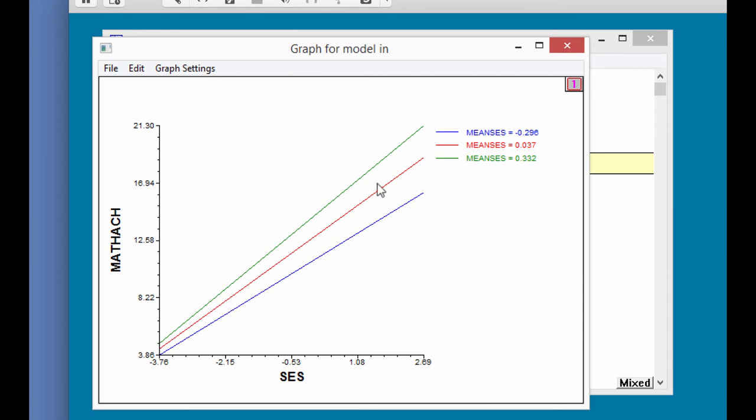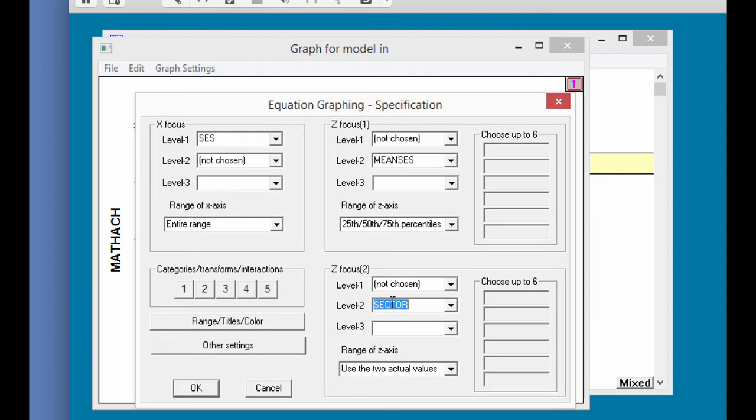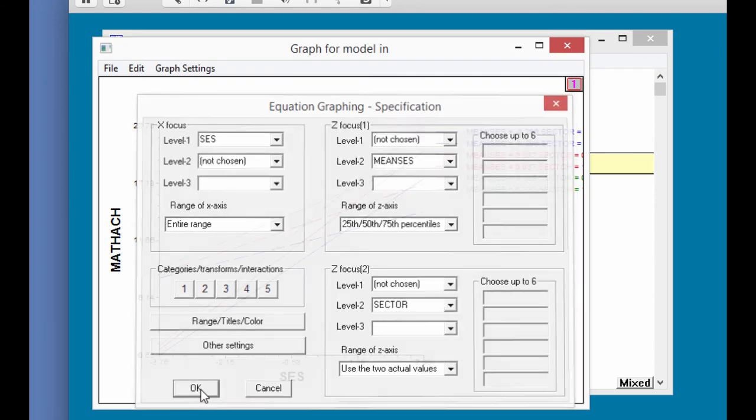Now we can do one other thing, and this gets a little bit complicated, but nevertheless it's still telling. We can put sector as our z-focus at level 2 in this box, and we'll keep the actual two values.